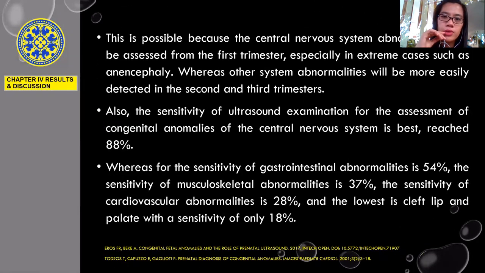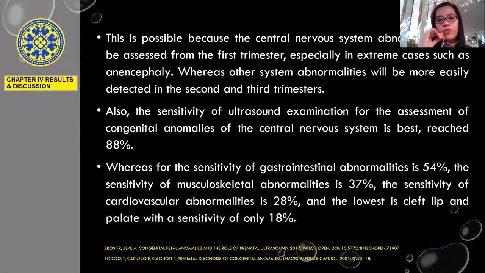This is possible because central nervous system abnormalities can be assessed from the first trimester, especially in extreme cases such as anencephaly, whereas other system abnormalities are more easily detected in the second and third trimester. Also, the sensitivity of ultrasound examination for the assessment of congenital anomalies of the central nervous system is best, reaching 88%.